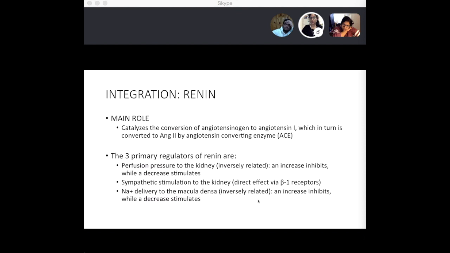However, if sodium is low, then most likely there's less water and blood pressure is low, so we need to stimulate renin to cause release of aldosterone and cause vasoconstriction and increase blood pressure.